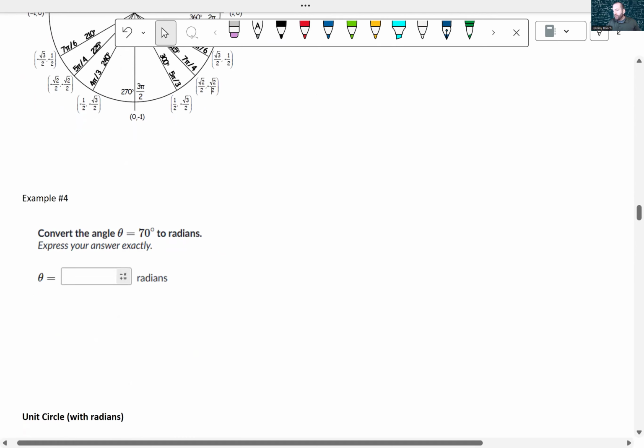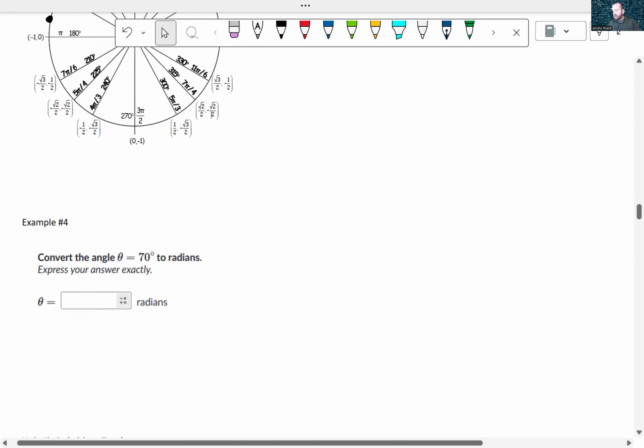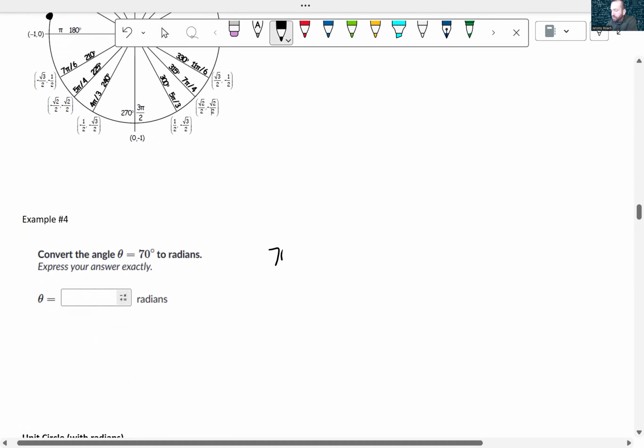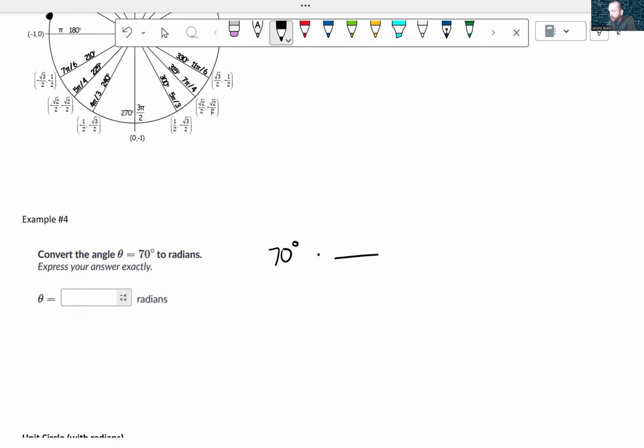Okay, the next one wants us to go to radians. So 70 degrees to radians. And if you're not sure ever which goes on top or bottom in terms of pi or the 180 for these conversions, you can just ask yourself, what did we start with?